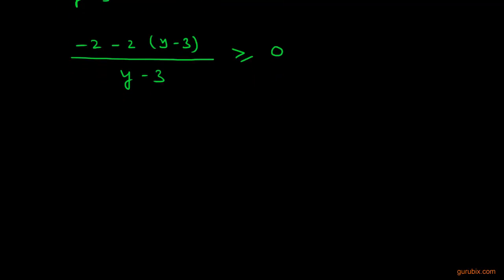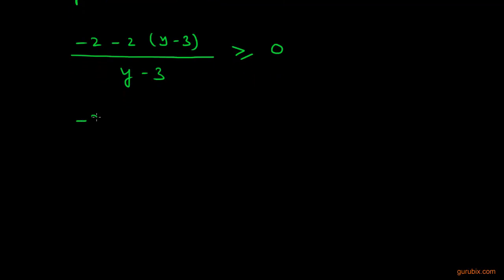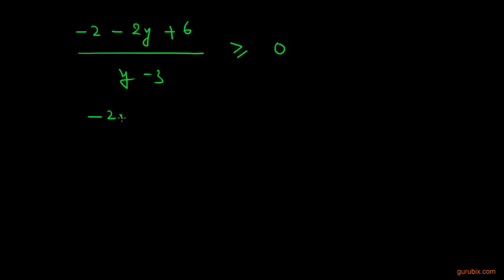And if we solve further, then it will be negative 2 into negative 2y plus 6 over y minus 3, which is greater than or equal to 0. Then it will be negative 2y plus 4 over y minus 3, which is greater than or equal to 0.